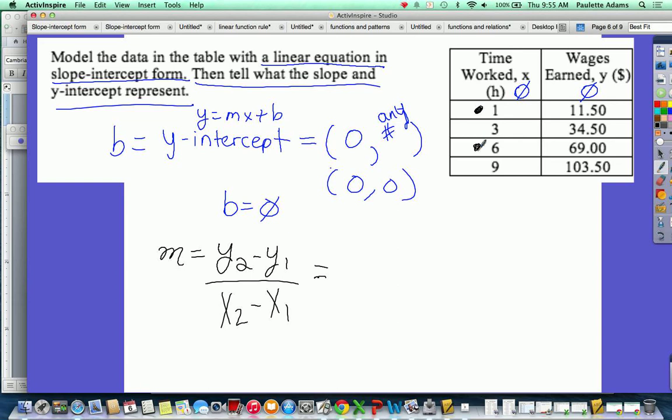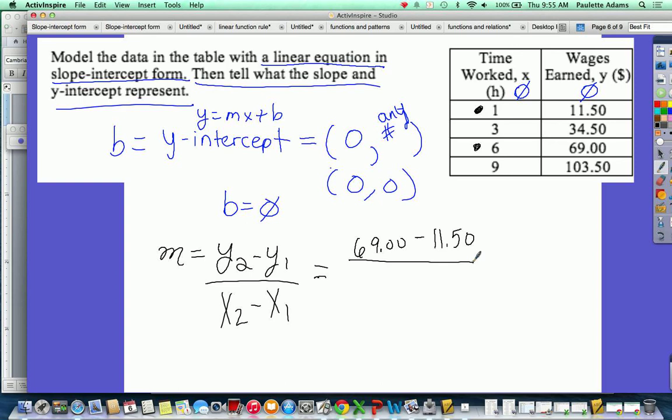So what are our y's in these 2? 11.50 and 69. To make the subtraction easier, we're going to do 69 minus 11.50 over, what are our x's?